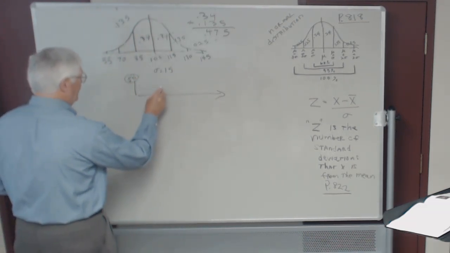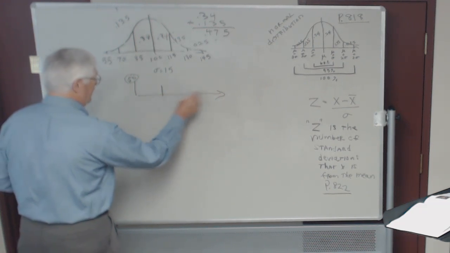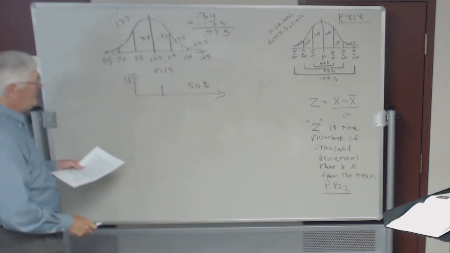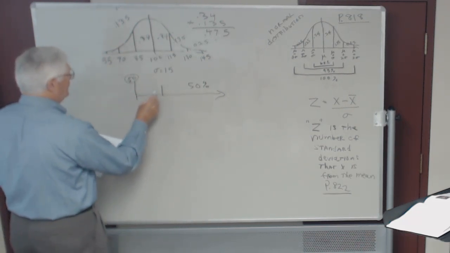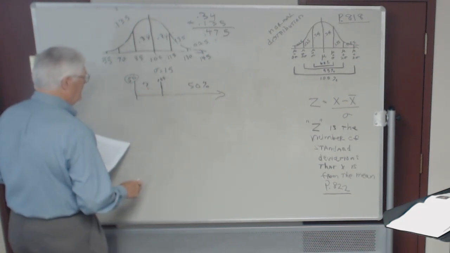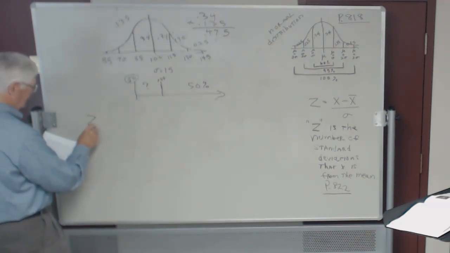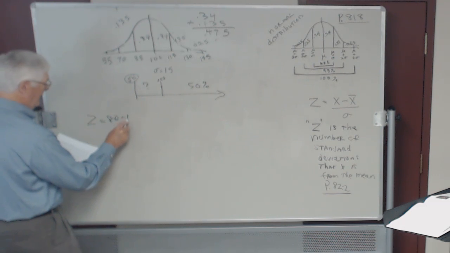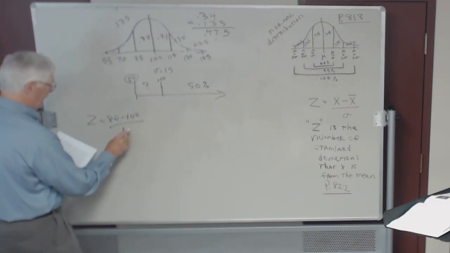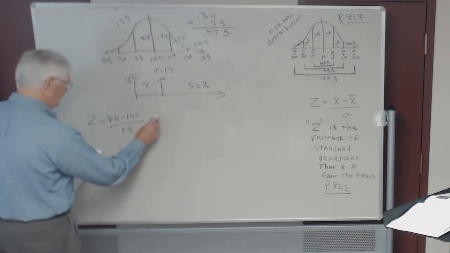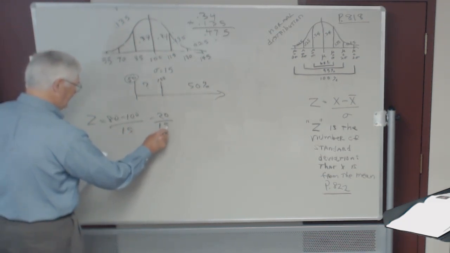Okay, now from the mean on up, that's 50%. Agreed? So from 80 to 100, what percent will that be? Well, the z-score would be 80 minus 100 divided by 15. That's negative 20 divided by 15.